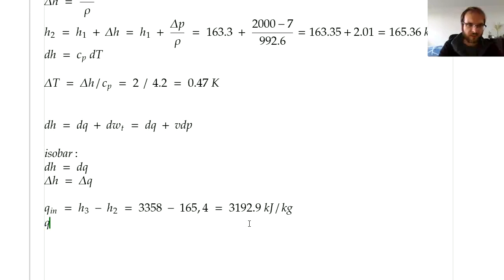Similarly, we can get the rejected heat, Q out, which is the difference in enthalpies after the turbine, which is enthalpy 4, minus enthalpy at the end of the condenser, enthalpy 1.